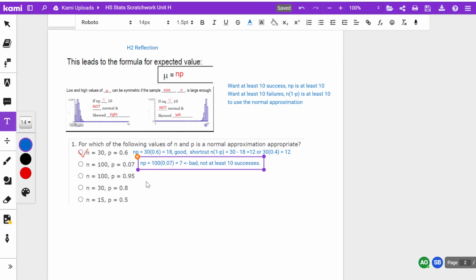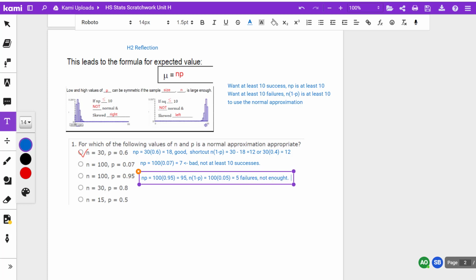Now, you're probably going to notice that this next one looks good. np equals 100 times 0.95, which is 95. That's fine. Now let's do n times 1 minus p. Well, that'd be 100 times 0.05, which is 5 failures, I'm sorry. Not enough.